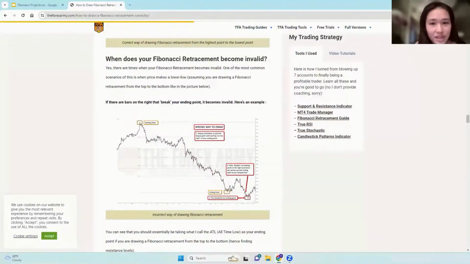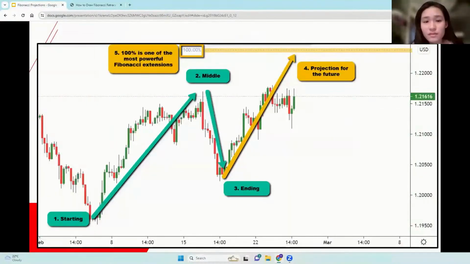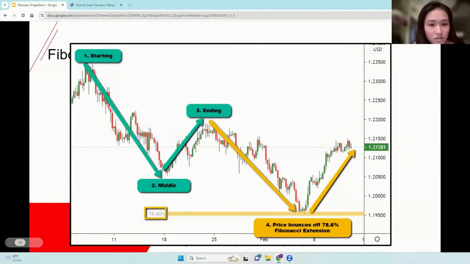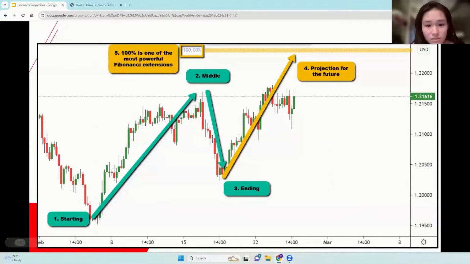Okay, so here's another example. We want to take note of this zigzag shape once again. This time we see it inverted, but it's still the same concept.